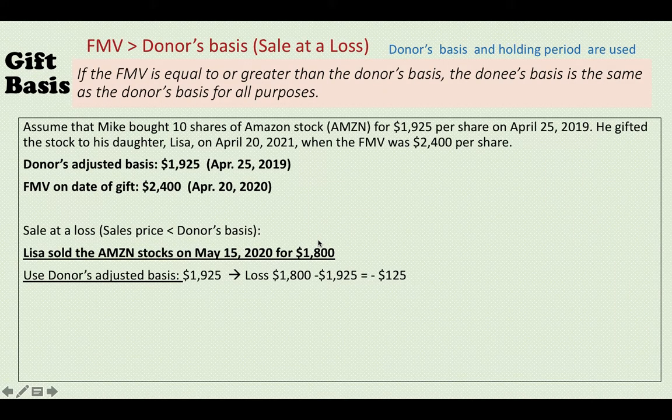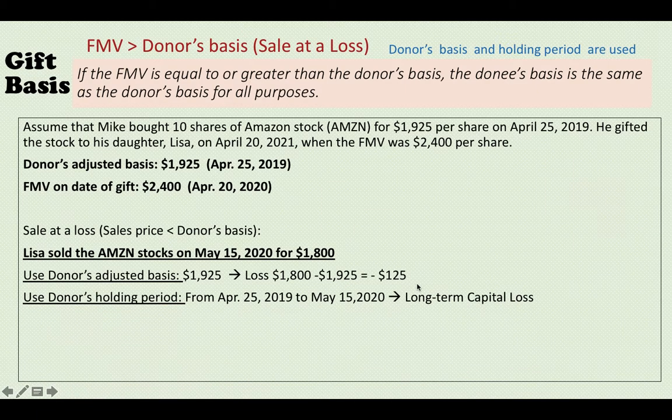In this situation, we use the donor's adjusted basis to calculate the loss. So the loss is $125 per share. We use the donor's holding period for this loss, from the donor's purchase date to the sales date, which gives a multi-year holding period, so it's a long-term capital loss.